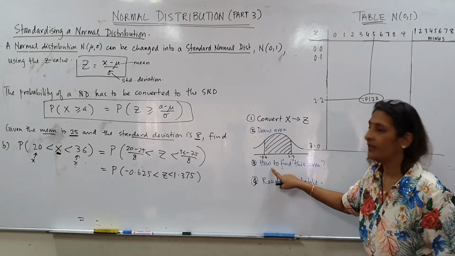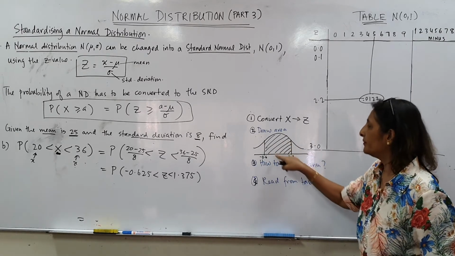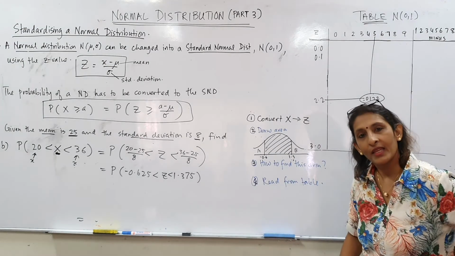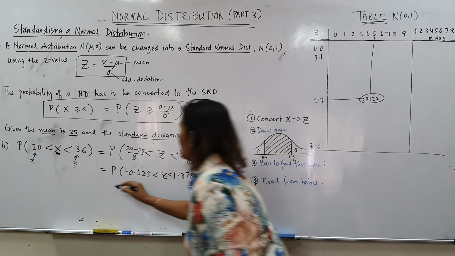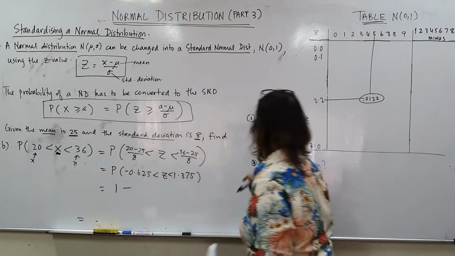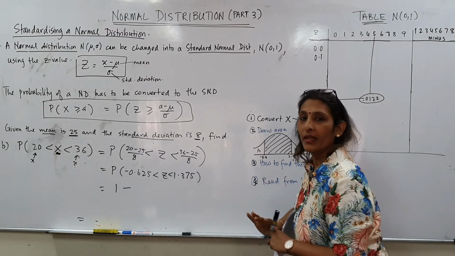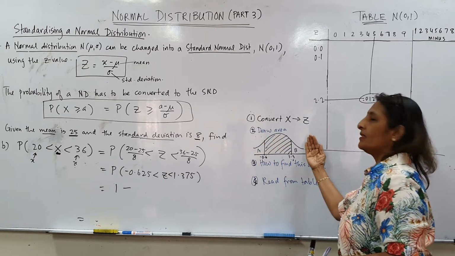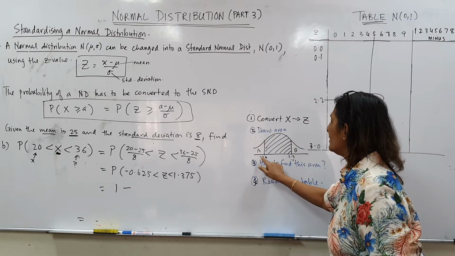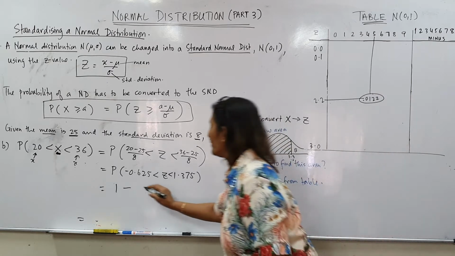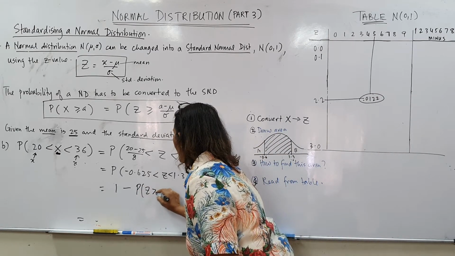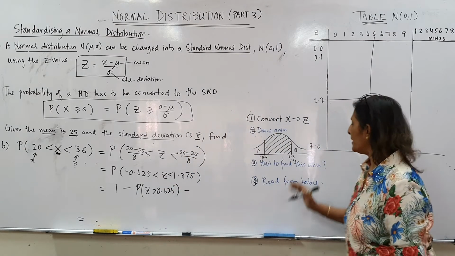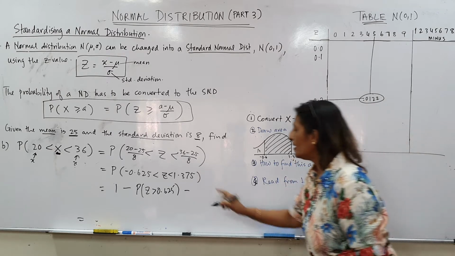Now we go to step 3. How do we find this area? It would be 1 minus A minus B, right? So we put it down here. 1 minus area A. You imagine it on this side, so it will be Z more than 0.625, and minus area B. Area B is Z more than 1.375.